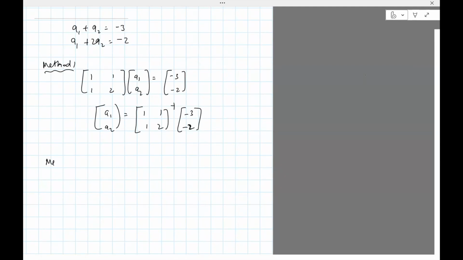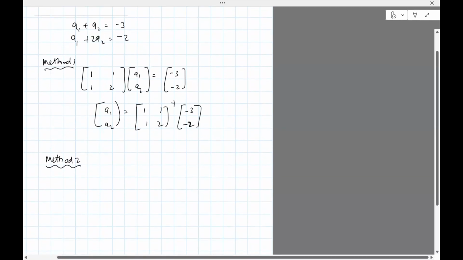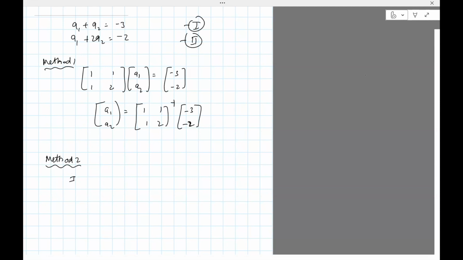But here's another way to do it, which is probably the method you would use if you do not have a calculator. You could just subtract one from the other. I wrote this as 1, this as 2. If you do 1 minus 2, you basically eliminate a1, right? So if you do this minus the one below, you have minus a2 equals -1. So a2 equals 1.